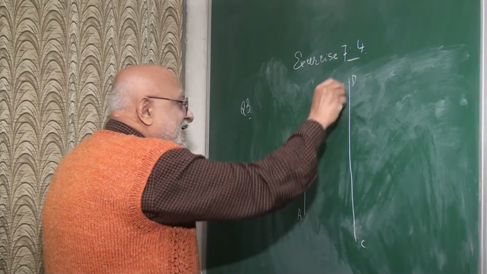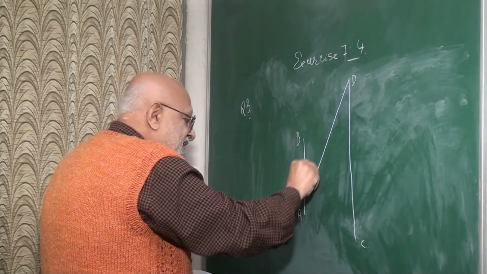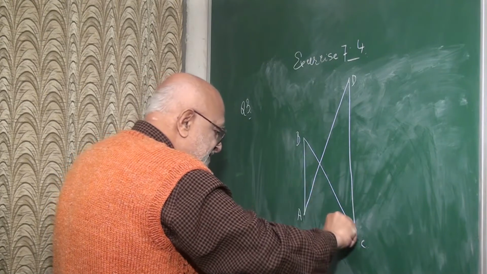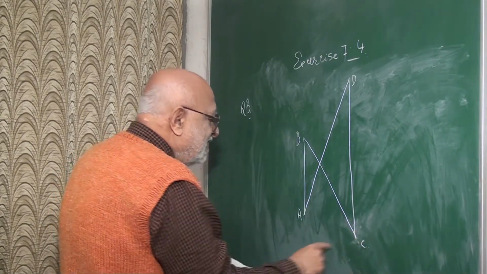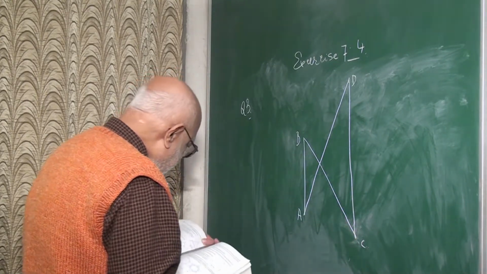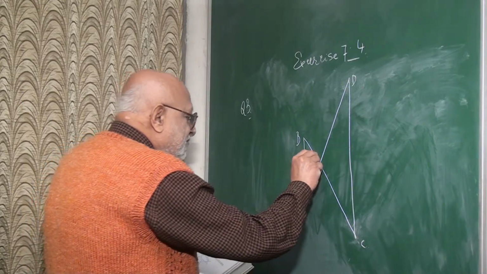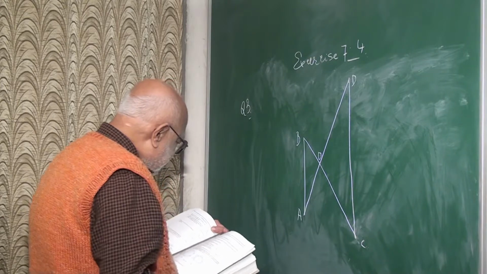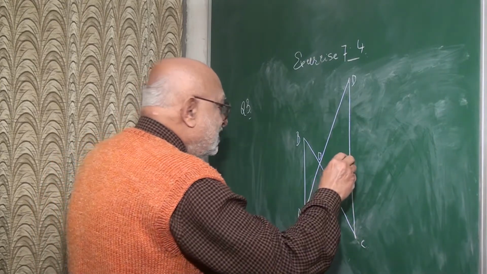So AD is joined, BC is joined. I like to draw these figures in your presence to show the importance, and this intersects at O. Now, what is given?